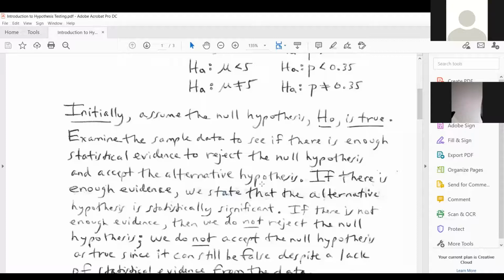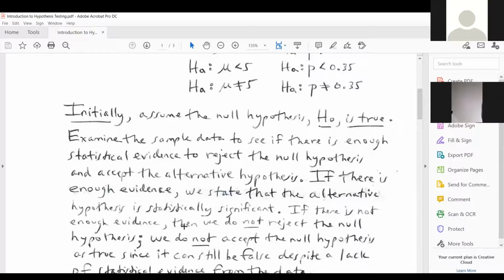So if there is enough evidence, we state that the alternative hypothesis is statistically significant. That's another term for accepting the alternative hypothesis. If there is enough evidence and we reject the null hypothesis, we are saying the alternative hypothesis is statistically significant, meaning there's enough evidence to say that the competing hypothesis is probably correct.